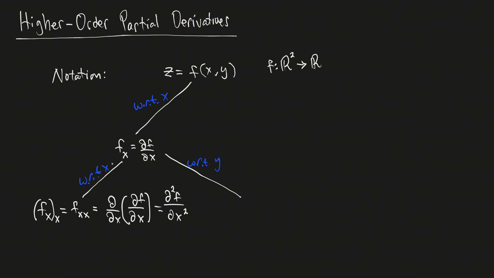I would take this function and then differentiate it with respect to y. Using the subscript notation, that's what it would look like. But again, we can drop the parentheses and just say this is f sub xy. In this notation, we read it from left to right. So this would be the first variable of differentiation, and then this would be the second variable of differentiation.